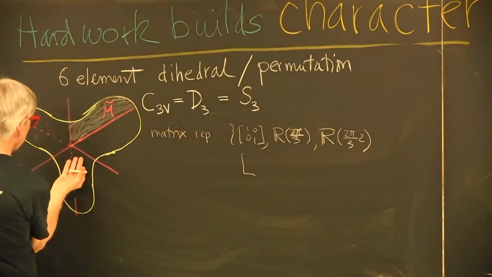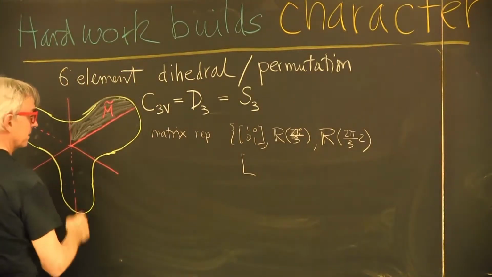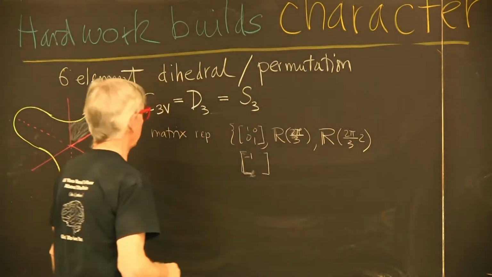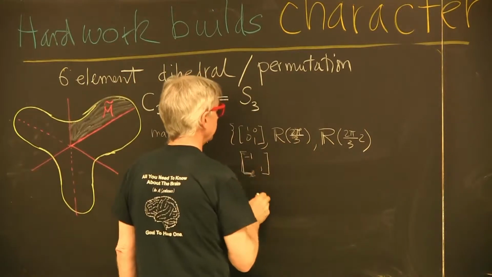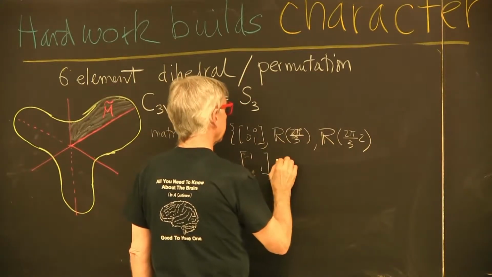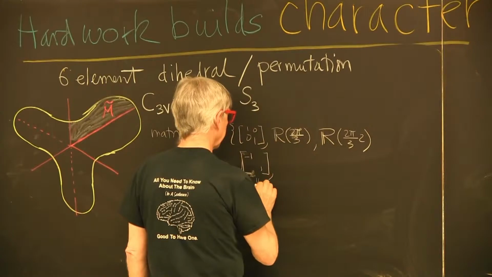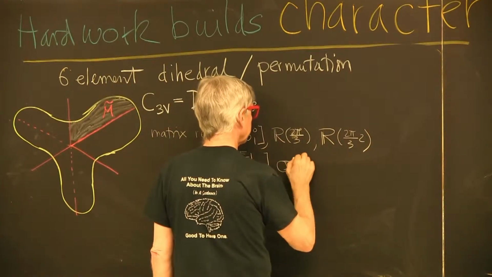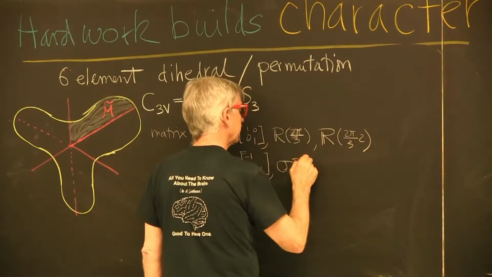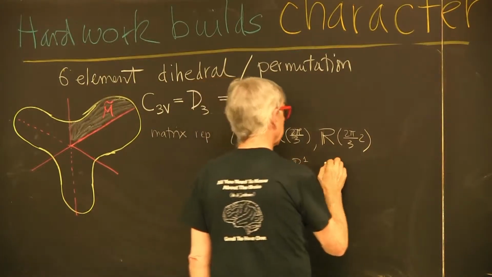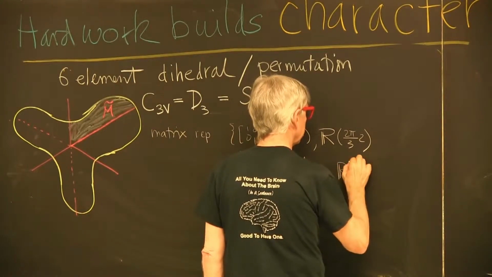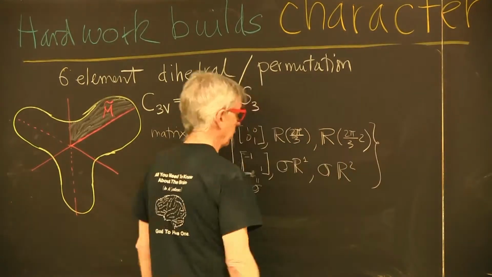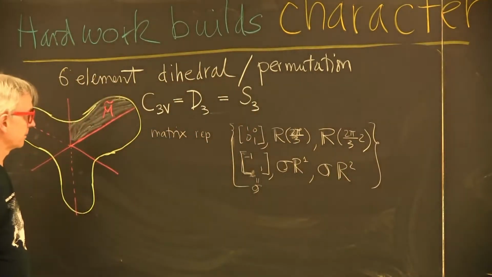So, for example, in this axis, x goes to -x. X changes sign, but y doesn't change sign. It's a flip. And I'll call that sigma. And then I can rotate and flip, or flip and rotate by 1, or I can rotate by 2 and flip. And that's the whole set of 6 elements.